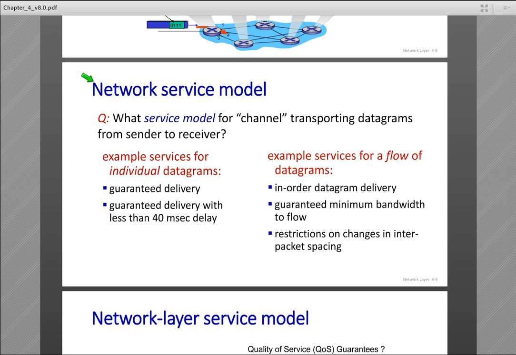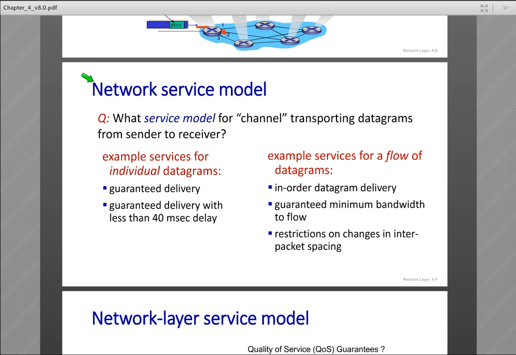I should say, okay, it depends. In IP version 4, we cannot guarantee these items, but it depends.